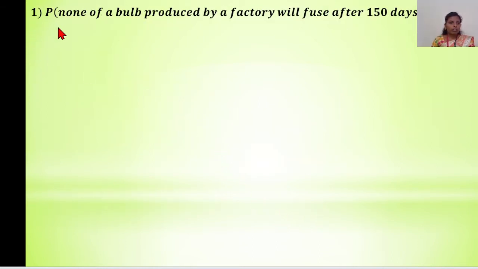Now next, we have to find the probability that none of the bulbs produced by a factory will fuse after 150 days of use. That is probability of x equal to 0. By the formula nCx into P raised to x into Q raised to n minus x, we can substitute the values of n, P and Q. Then the formula becomes 5C0 into 0.05 raised to 0 into 0.95 raised to 5 minus 0.